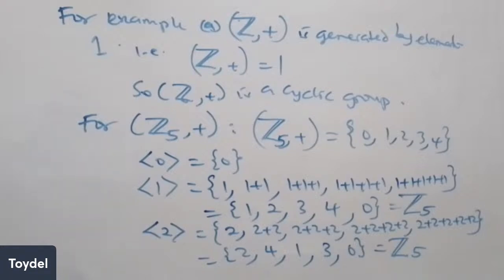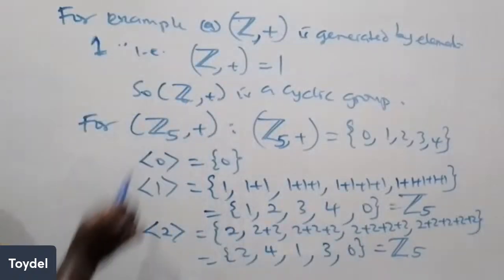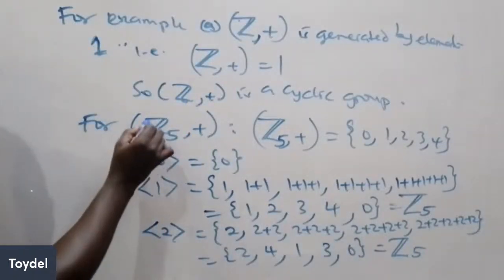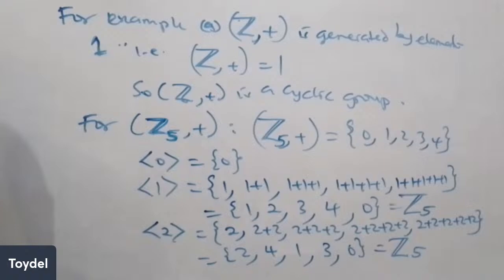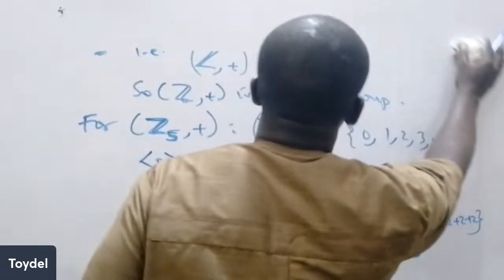Please, I want you to understand this. I said Z, integers under addition, is generated by the element 1 under addition. But we don't take a specific example now. That is Z5. Please, if you check a standard textbook, you are going to understand most of this concept. We can actually treat natural numbers, integers, rational numbers as a topic.